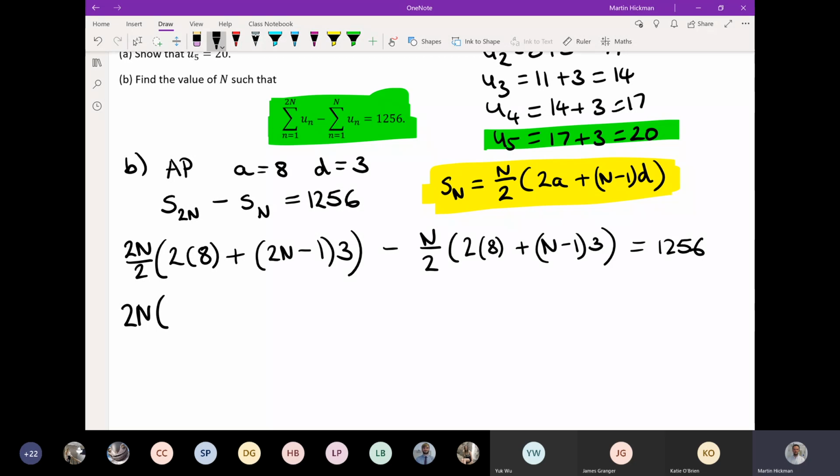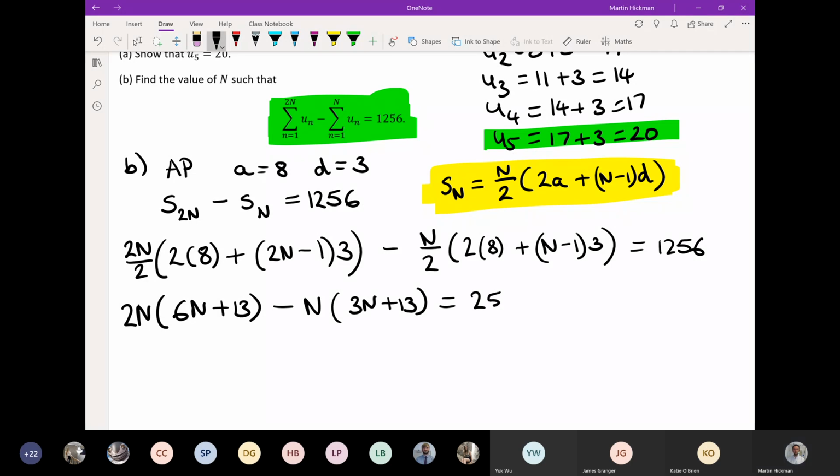Then I've got to take away 1 times 3, so 16 take away 3 is 13. So this is 6n plus 13. I'm timesing everything by 2, so this just leaves me with n. Then I've got 16 minus 3 again, but this time I've only got 3 times n, so 3n plus 13.